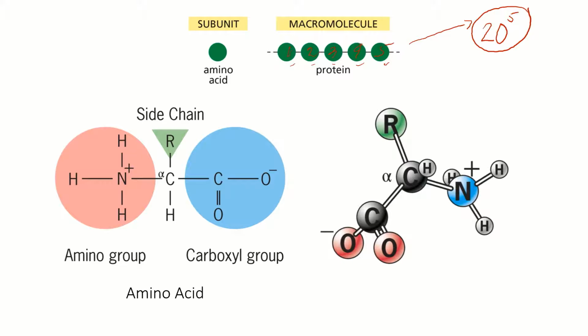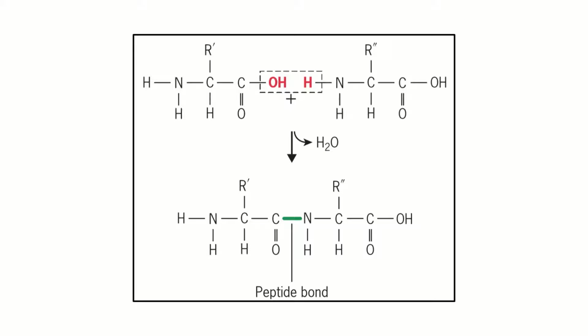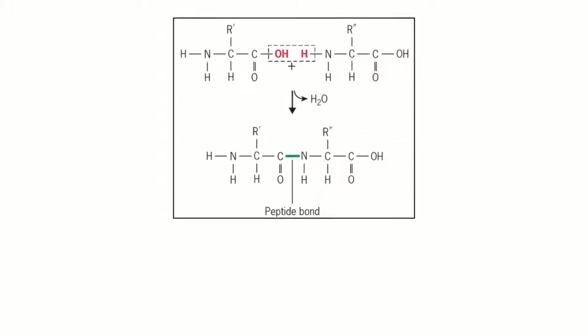So this is another view, a ball and stick model of an amino acid. Amino acids may bind with other amino acids, again through a process called dehydration. And in the process, a bond called a peptide bond is formed.